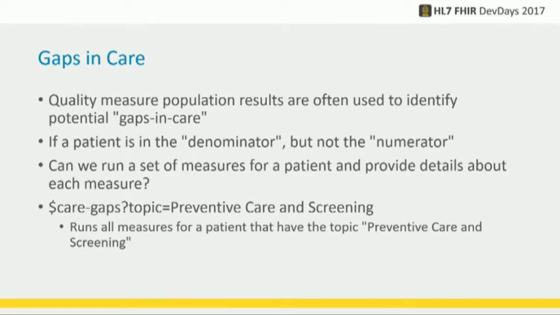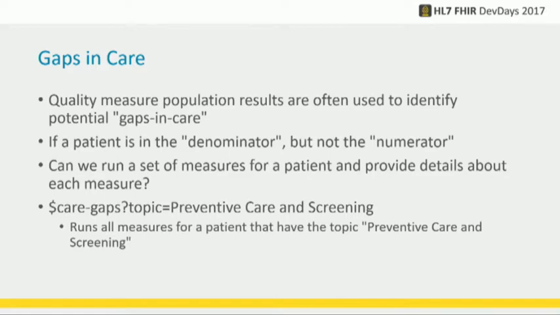So we've defined in our FHIR a care gaps operation that lets you run all of the measures for a particular patient based on topic. So you provide the topic and you say, I want to run all the preventive care and screening for this particular patient.